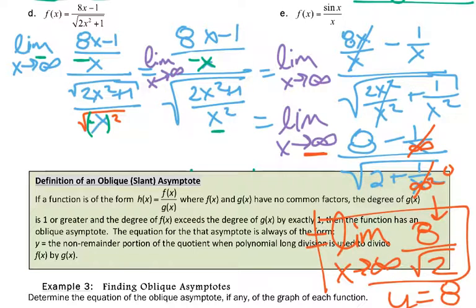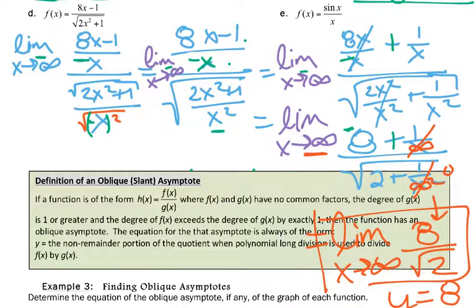Okay, so then we still have the limit, but we're going to negative infinity. And this is a negative x, so this becomes a negative 8 down here. Negative 1 divided by negative x becomes a plus, so plus here. And in the denominator, nothing changes.